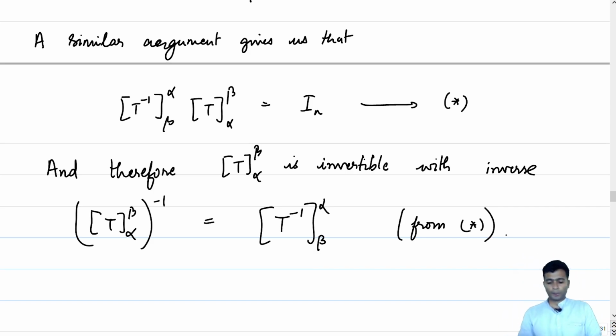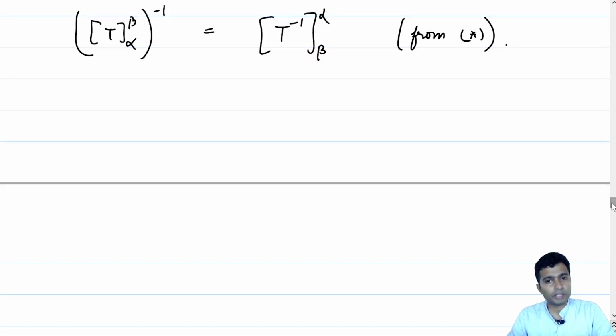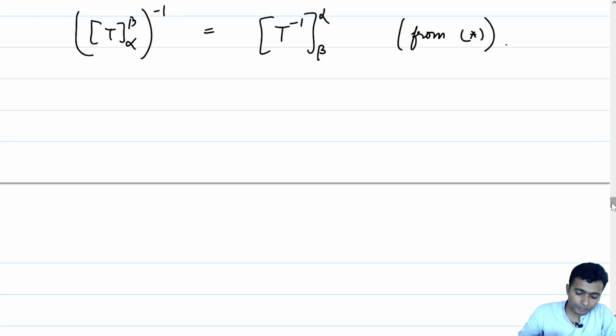Alright, so we have proved one half of the theorem, which states that if T is an invertible linear transformation, then the matrix associated to T with respect to alpha beta is invertible. Moreover, if T alpha beta is the matrix, the inverse of that matrix will be the matrix of the inverse corresponding to beta alpha.